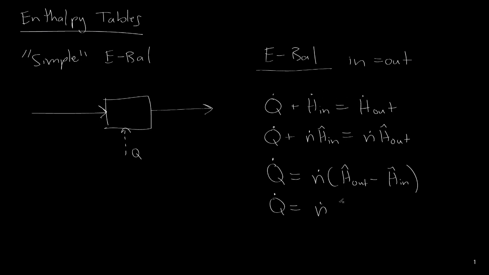We can write this in a compact form of the molar flow rate times the change in specific enthalpy. And this is all well and good and a great approach for when we have a straightforward system of one stream entering and one stream leaving, because we can factor out the molar flow rate while then focusing our efforts on the change of the delta H of the specific enthalpy.